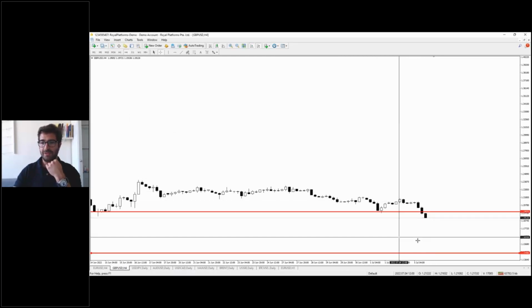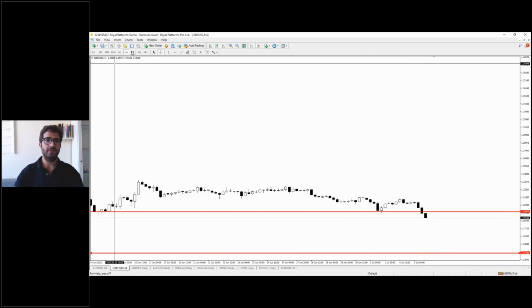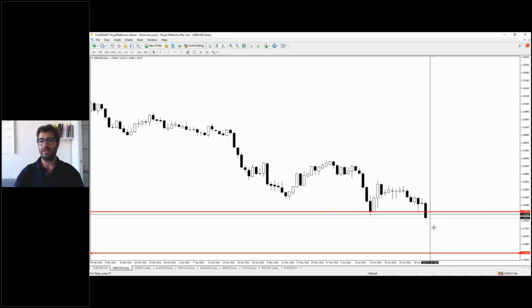So most probably, similar to the Euro USD, if the current daily bar closes below this, it is so bearish, and then we will see a continuation of this downward move all the way down until 1.1448.